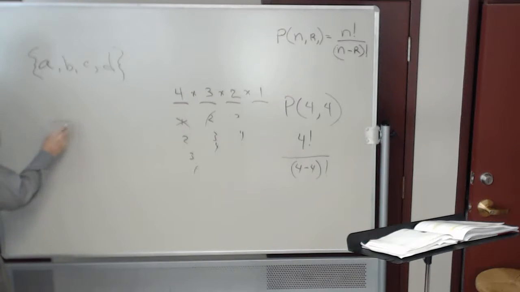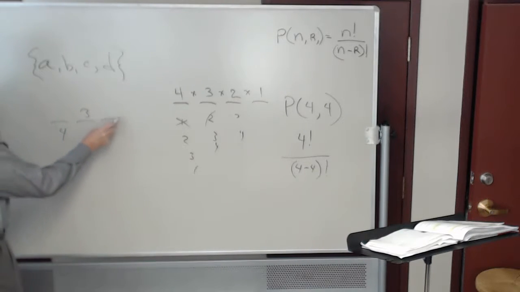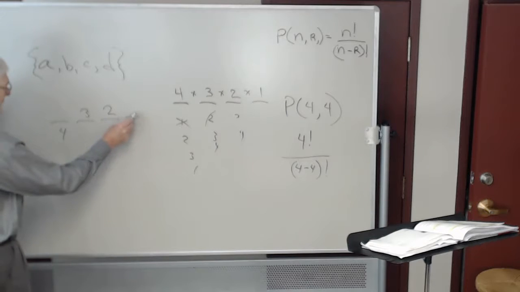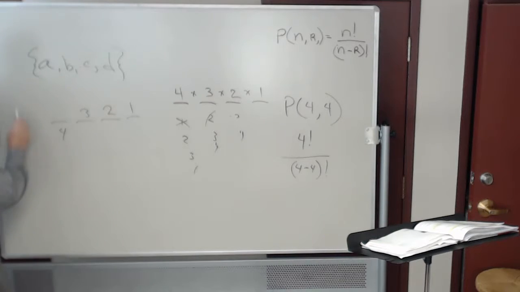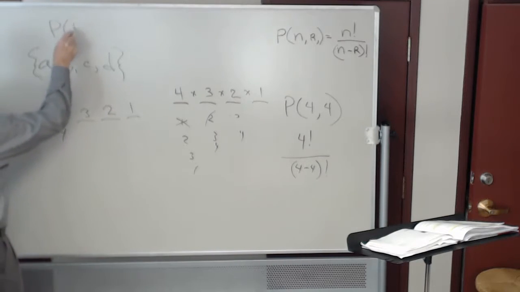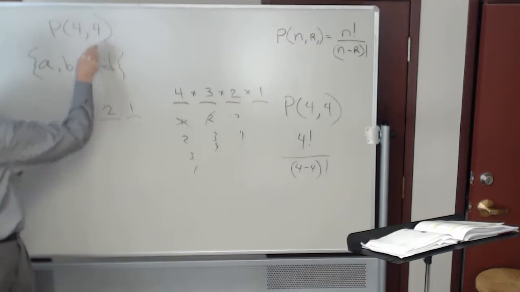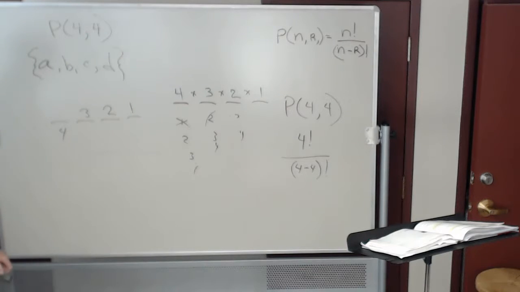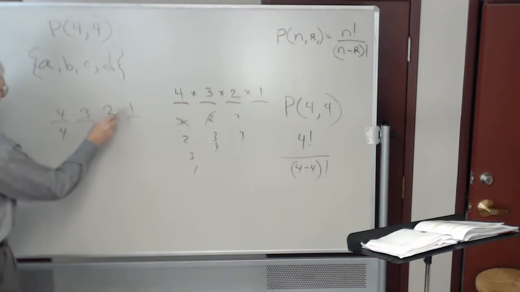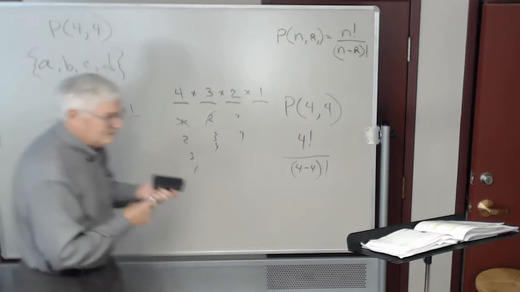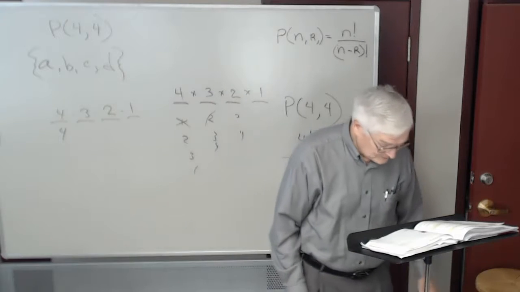How many choices for the first letter? 4. How many for the second letter? 3. For the third letter? 2. For the fourth letter? 1. So that's a permutation of 4 things taken 4 at a time. So that would be 4 times 3 times 2 times 1, the same as my people sitting in a row.